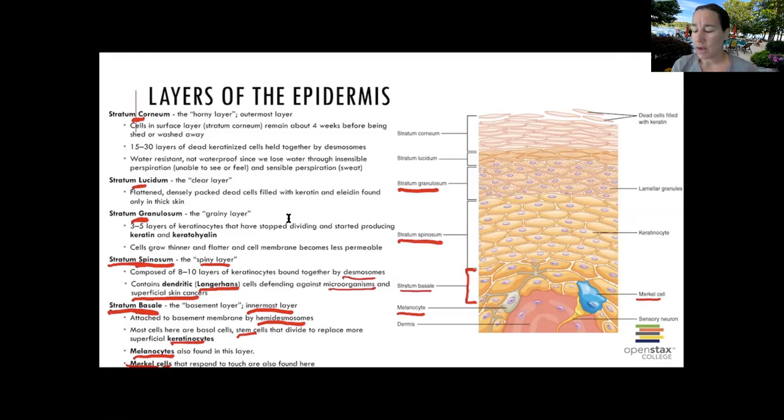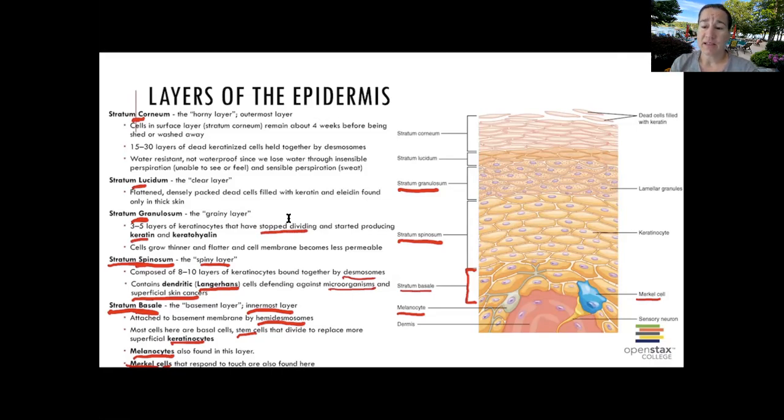And then after a while, we're going to go up and up and up and up. And as we move further and further away from that blood flow, from the nutrients, we are going to slow down on our growth, and eventually the cells are going to not grow anymore, and they're just going to die off. So in the granulosum, we have stopped dividing, and we are producing that keratin that I was telling y'all is going to make us water resistant.